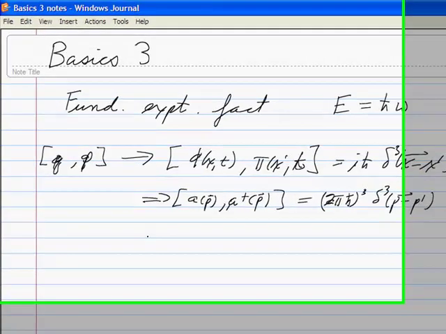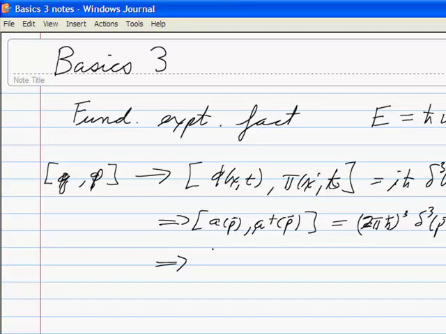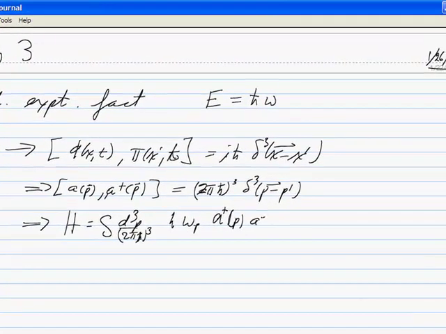And that, we turn finally into the Hamiltonian, which is the integral d3p over 2 pi h bar cubed, h bar omega of p, a dagger of p, a of p, or more compactly, sum over s of h bar omega s, a dagger s, a s.